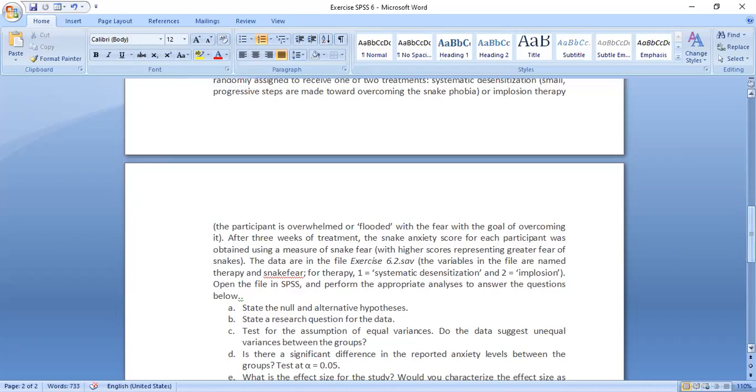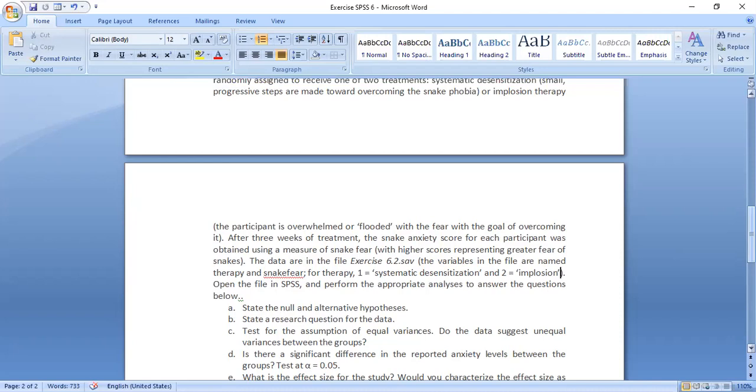Now coming to B part, we are talking about the research question. The research question that needs to be answered here is: is there a difference in the anxiety level of participants after being treated using either systematic desensitization therapy or implosion therapy?